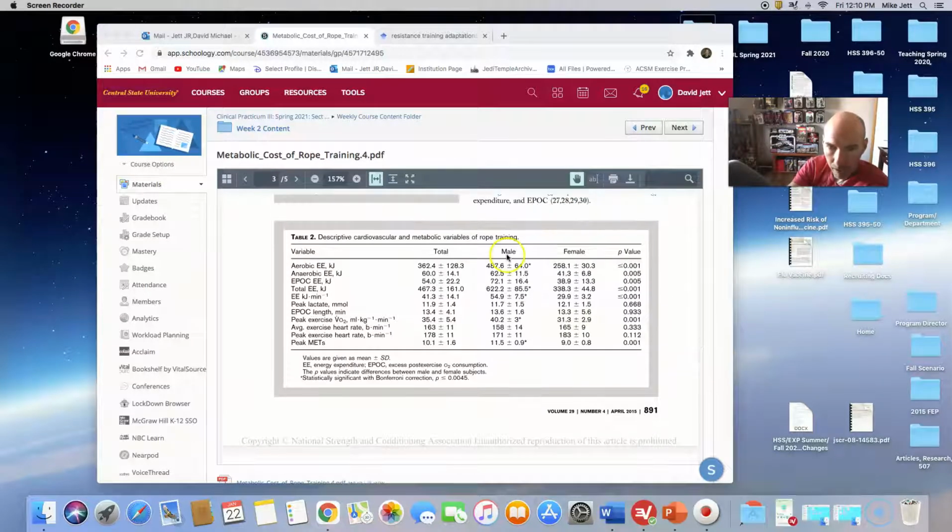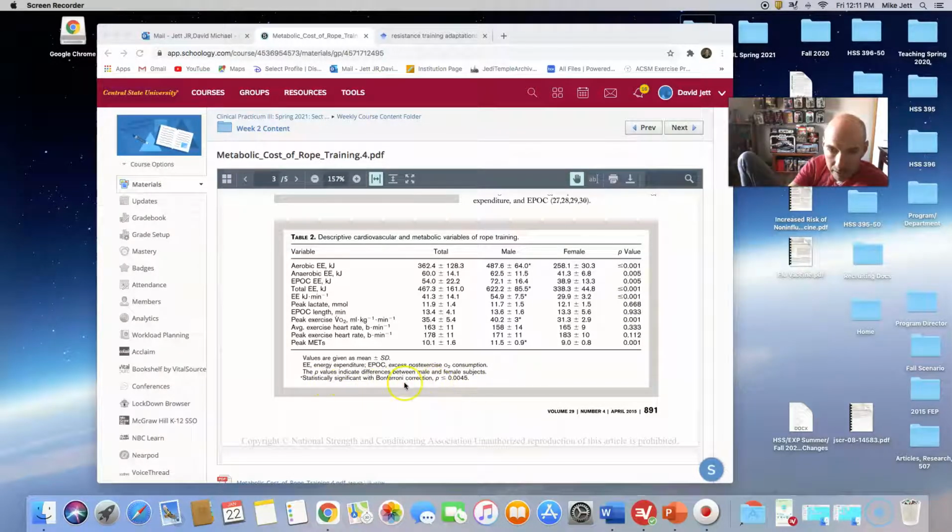So everything that was measured is listed here as a variable, okay? And it's giving you the average values for the entire subject population, the average values for the males, the average values for the females, and then the p-value tells you basically if it achieves statistical significance, okay?